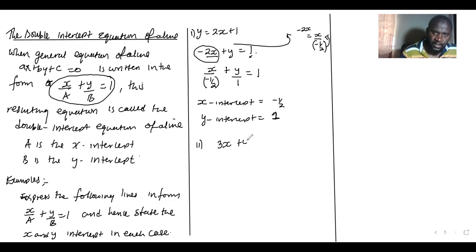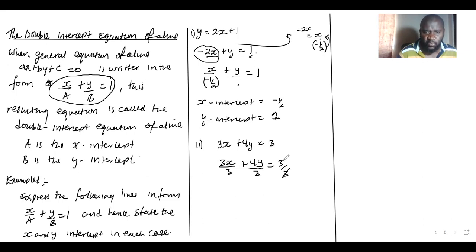Let's check this second one. It doesn't have a 1 on the right-hand side, so you first have to create a 1 by dividing everything by 3. The purpose is to create a 1 on the right-hand side.